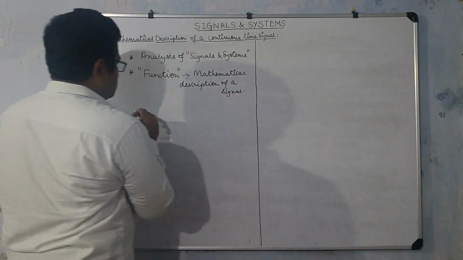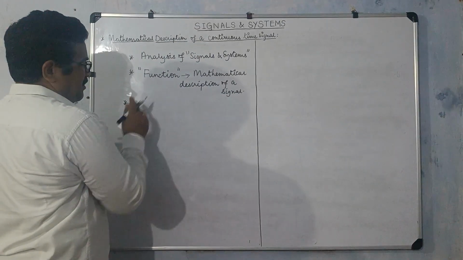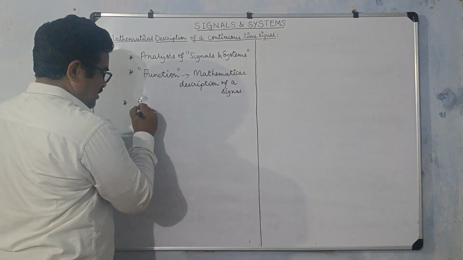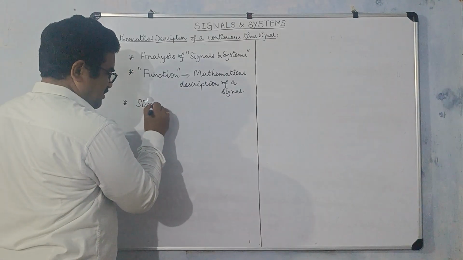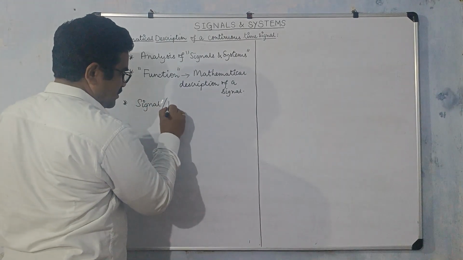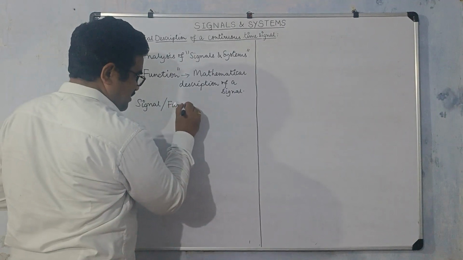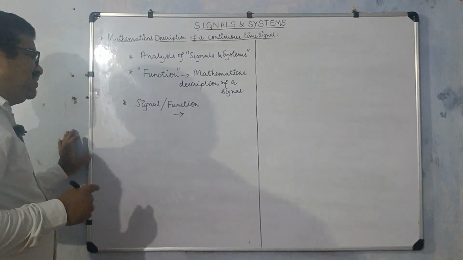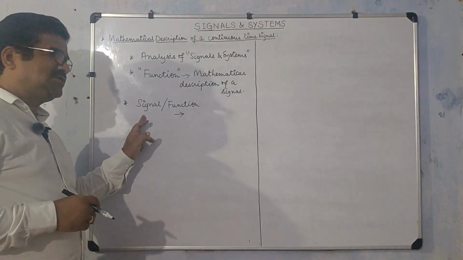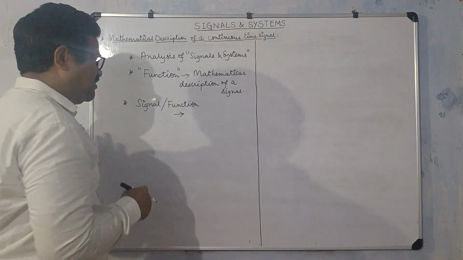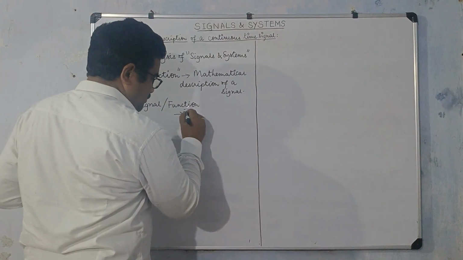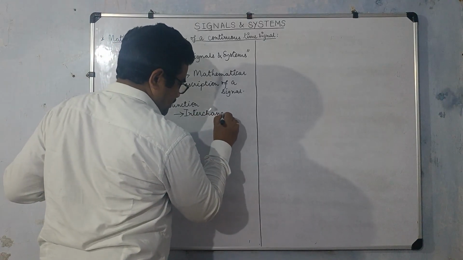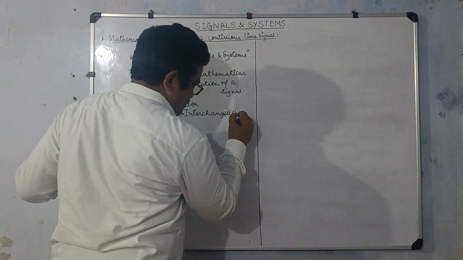Now, because a function is simply the mathematical description of a signal, I can make use of the term signal or the term function interchangeably. If I use the term signal or the term function, both mean the same. So I can make use of these two interchangeably.